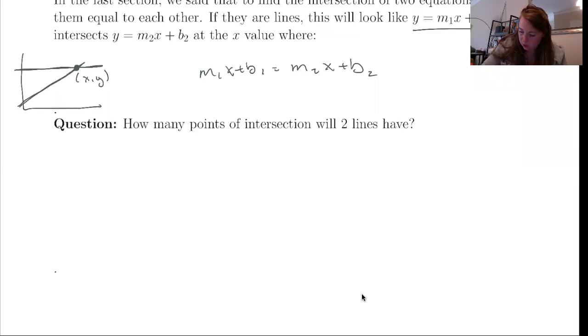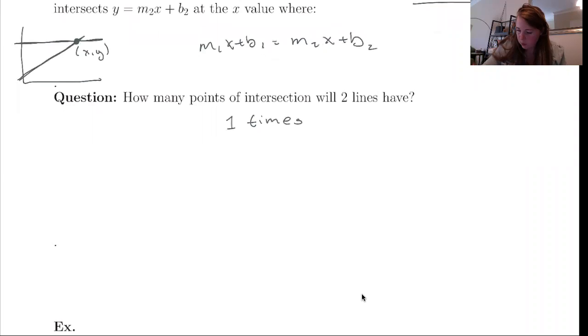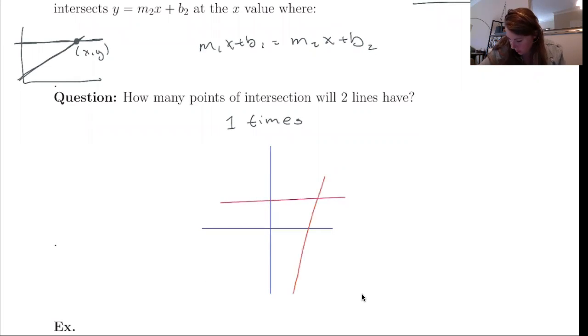So we've heard of lines intersecting one time, right? When we have two different lines. So let's draw our little axes. Right, so we can have any arbitrary line and a second line, and they're going to intersect right there.